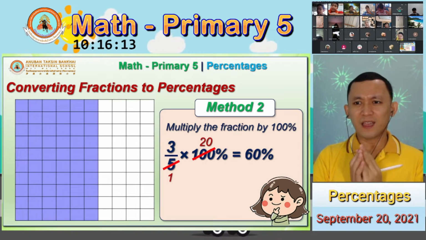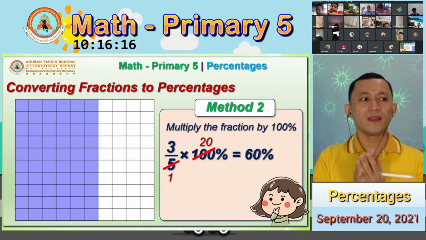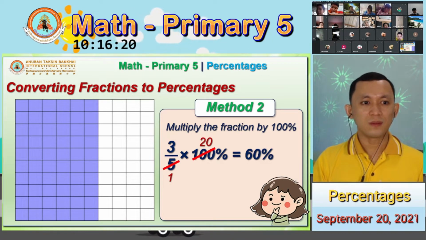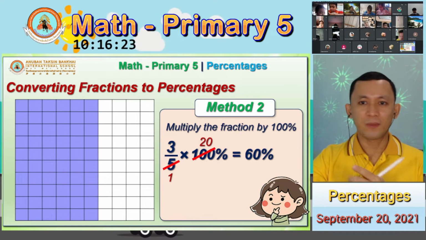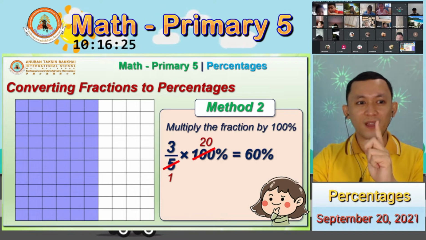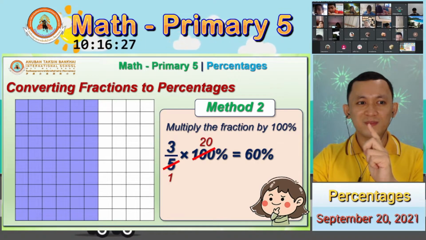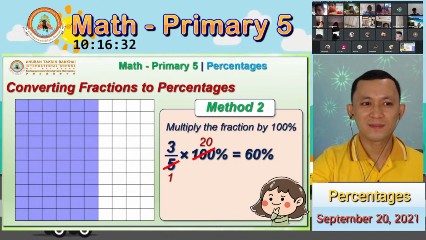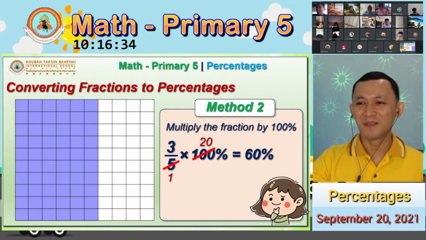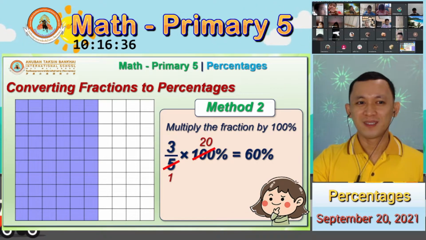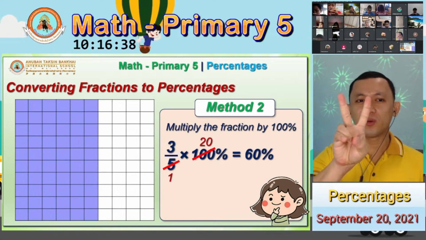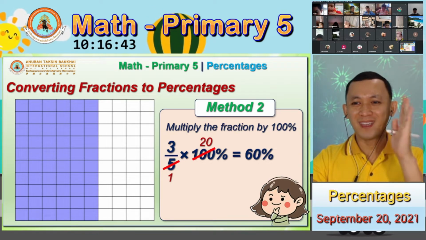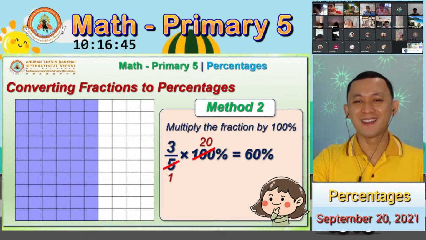If you like method 1, you can use method 1. If you like method 2, you can use method 2. Make sure your answer is correct, the answers must be the same. If they are different, one of them is wrong.